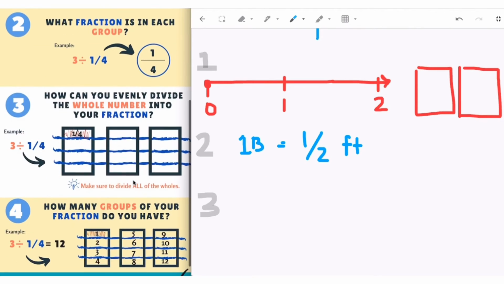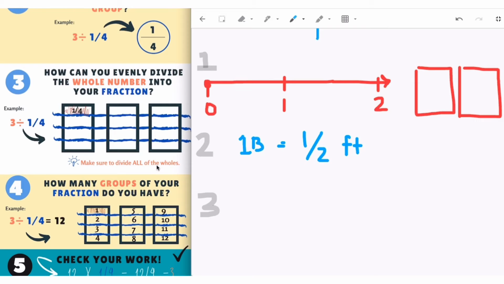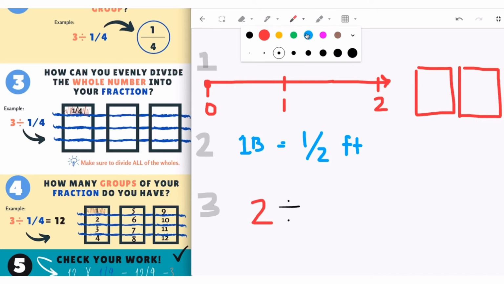Okay, step number 3. How can I evenly divide my whole number into your fraction? Well, again, my division problem is my whole number, what I'm dividing into groups, divided by the number in each group, which is 1/2. So let's look at my model.